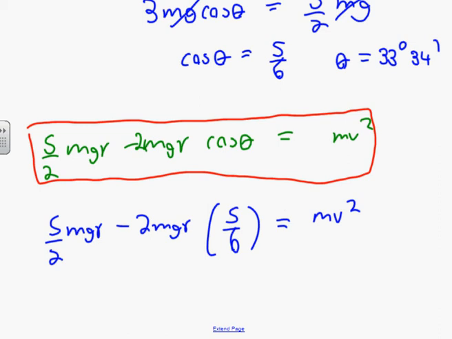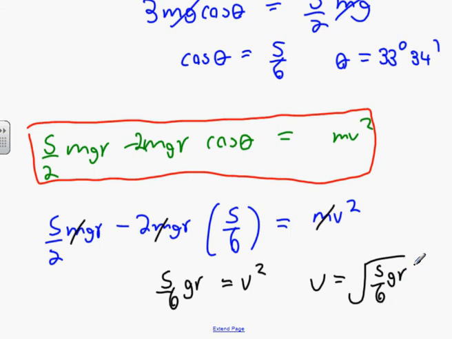Then the m's are going to cancel, and what's 5 over 2 minus 5 over 3, anybody? 5 over 6. So it's going to be 5 over 6 gr equals v squared. v equals the square root of 5gr over 6. Okay, that's that one done.